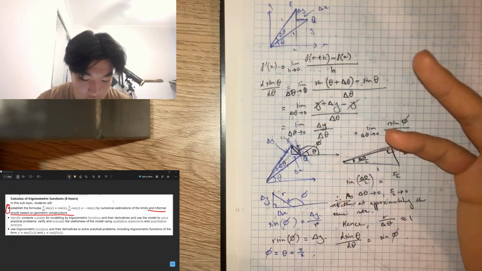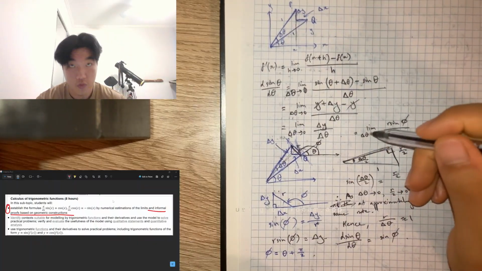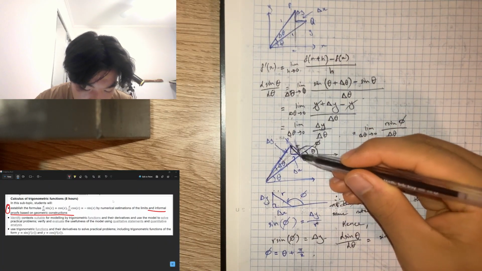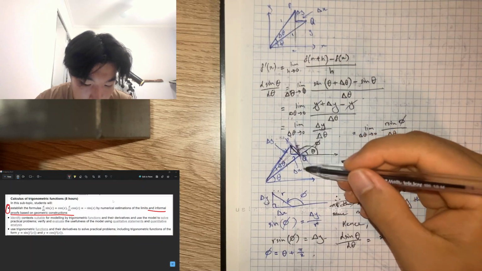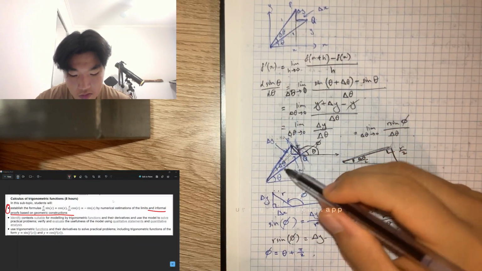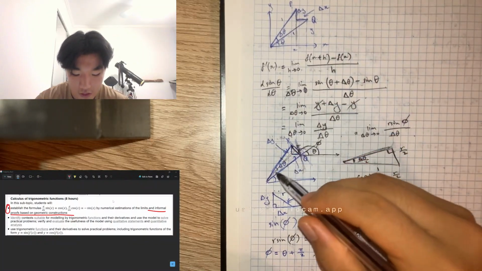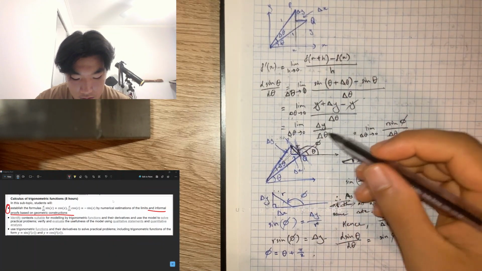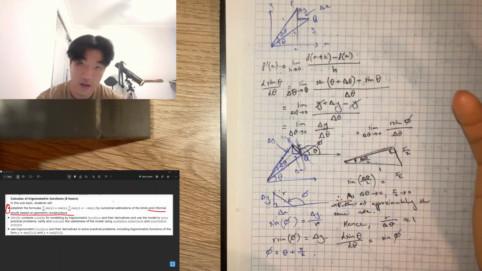If change in theta is essentially 0, which we said earlier, this chord PQ becomes a tangent. If it's a tangent, and we know that the radius is essentially a normal to the circle, right? The angles between these two are 90 degrees.